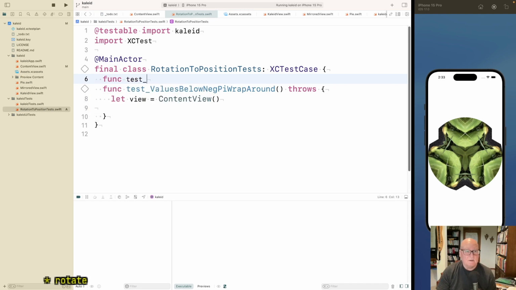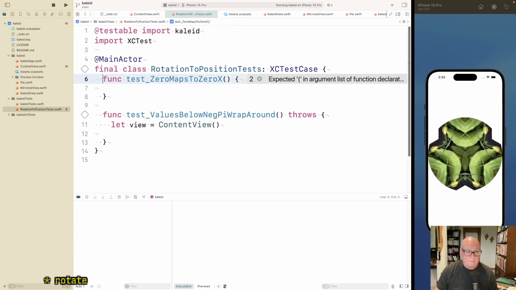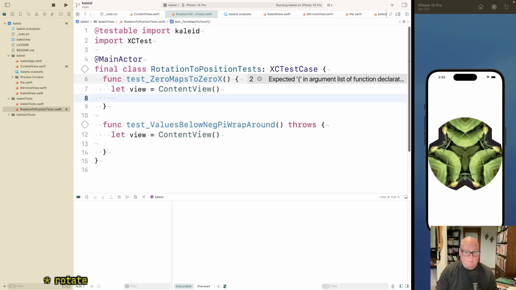Test 0 maps to 0, 0x. We'll probably put these in a better place.